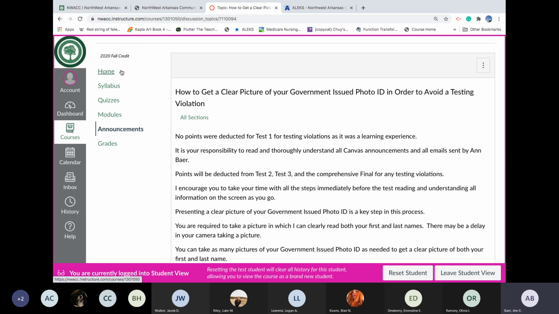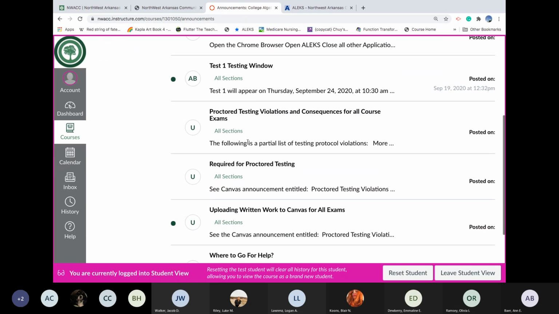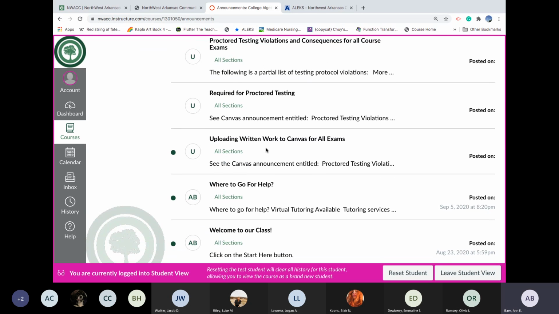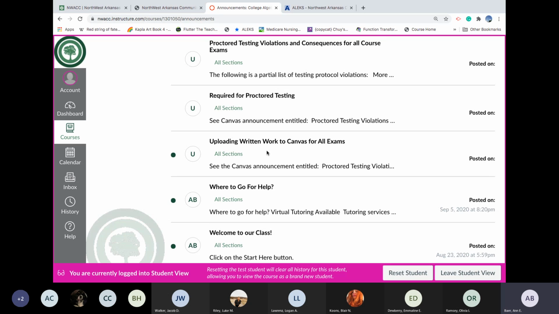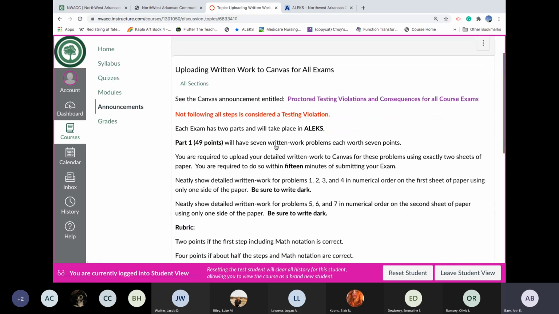So there's one more announcement I'd like to take a look at here. I'm trying to remember exactly which one it is. I think it might be uploading written work to Canvas.